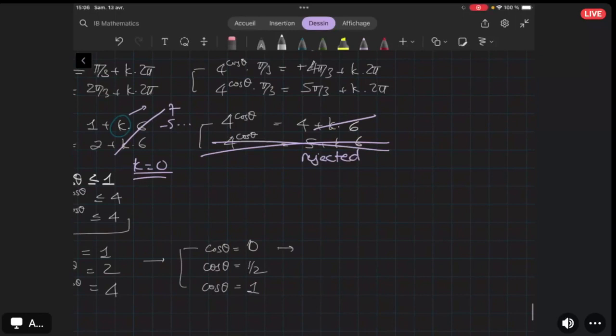If cosine is 0, let's find some solutions: pi over 2, 3 pi over 2, 5 pi over 2, and so on. The second equation would give you pi over 3, 5 pi over 3, and so on. The last equation would give you 0, 2 pi, 4 pi, and so on.